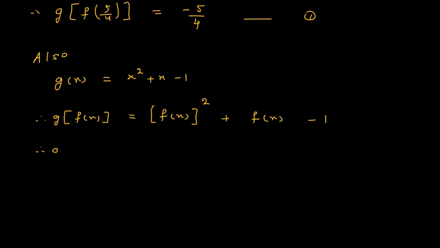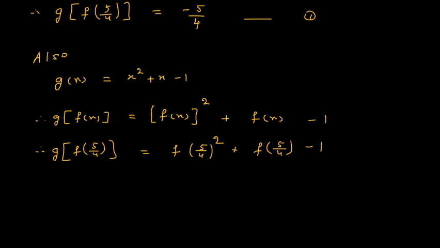So therefore here g of f of 5 by 4 will be equal to (f of 5 divided by 4) square plus f of 5 divided by 4 minus 1.